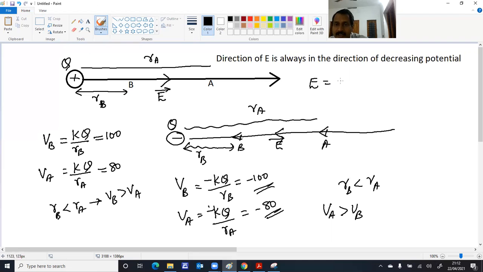Even you had the relation E equal to minus dV by dr. This negative sign means that dV is a potential difference, and E is the negative of that, opposite of that. Electric field is always directed in the direction of decreasing potential.